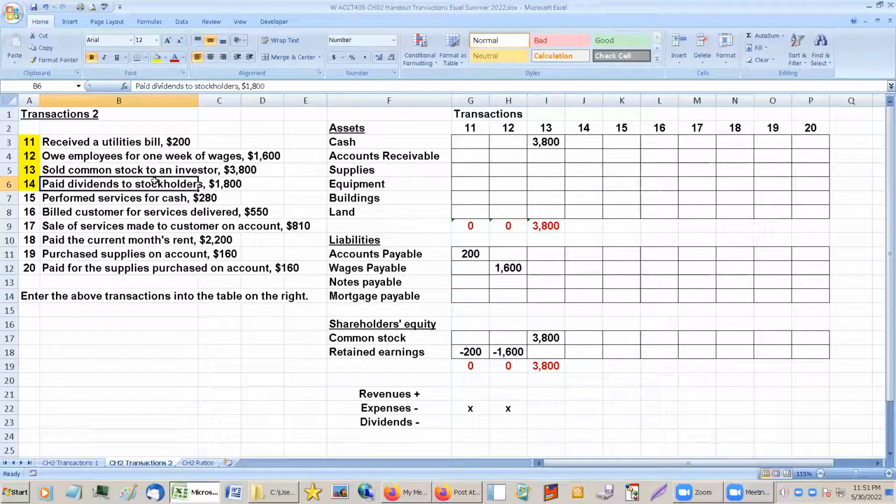Pay dividends to shareholder or stockholders, excuse me, 1,800. So we paid them with cash. Again, we never see paid. Paid means cash. And that will come out of our retained earnings.